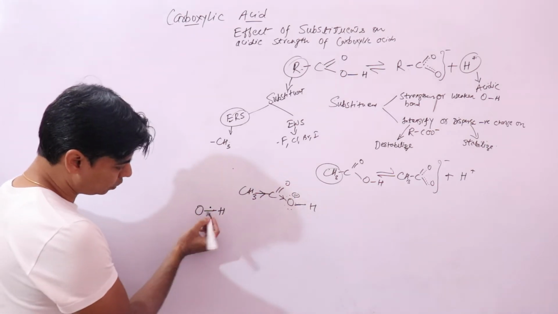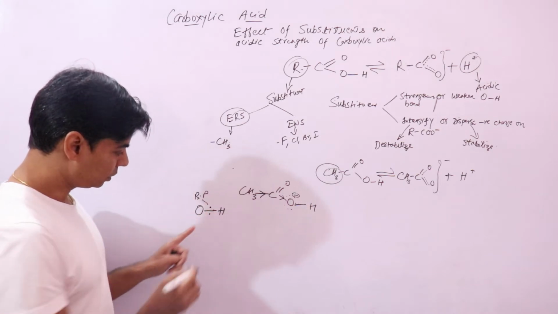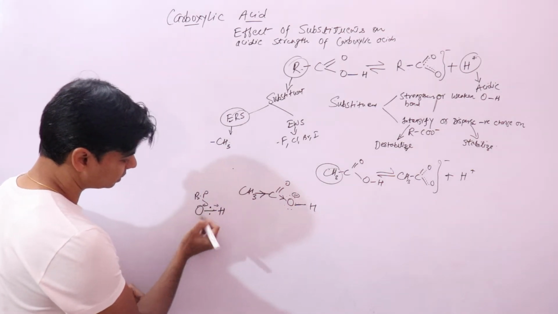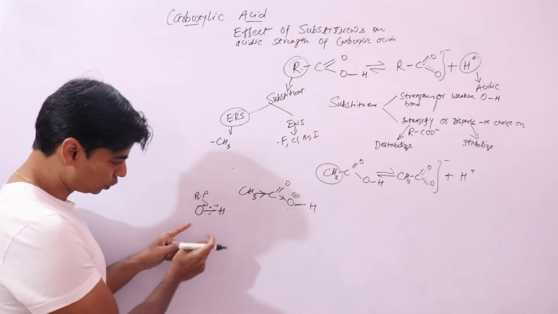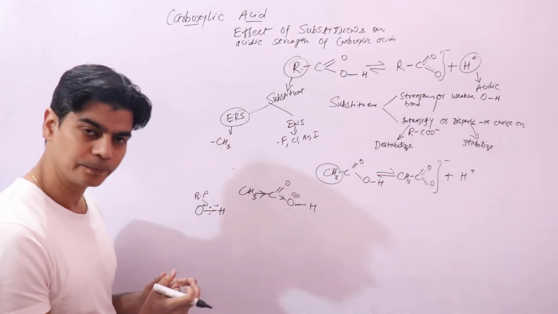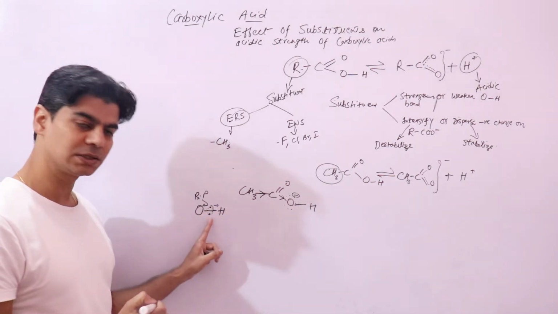Now this bond is due to this bond pair. This bond pair equally attracts the hydrogen atom and the oxygen atom, and it is this bond pair of electrons due to which these two atoms, oxygen and hydrogen, are held together. Now ideally this bond pair is in the center.